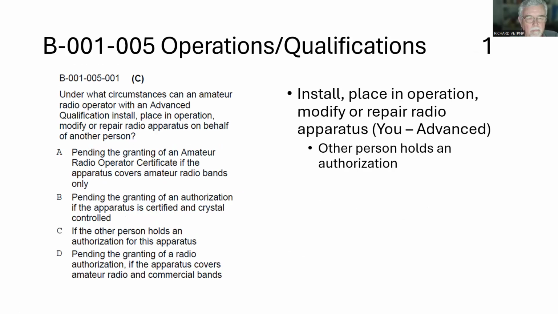So now we get into operations and qualifications. Under what circumstances can an amateur radio operator with an advanced qualification install, place in operation, modify, or repair radio apparatus on behalf of another person? You hold an advanced qualification, so you can only do that if the other person also holds an authorization.